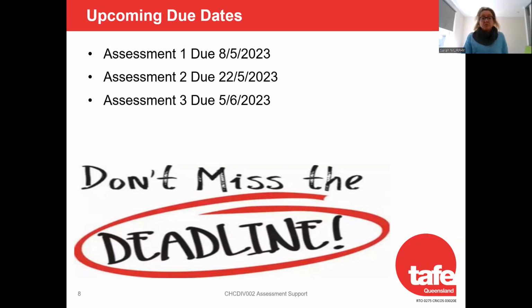Okay, that's what we're here for. Assessment 2 is due on the 22nd of May 23, and assessment 3 is due on the 5th of June 23. So don't miss the deadline. Keep on top of your study workload. You know, have a schedule. Any issues, reach out to us before so we can help support you through that.